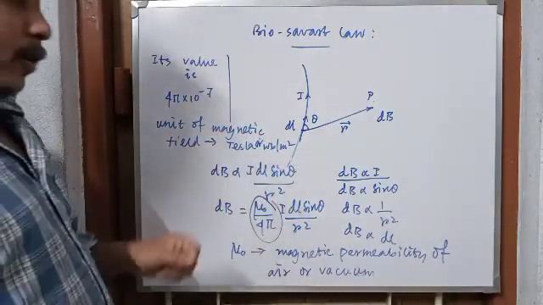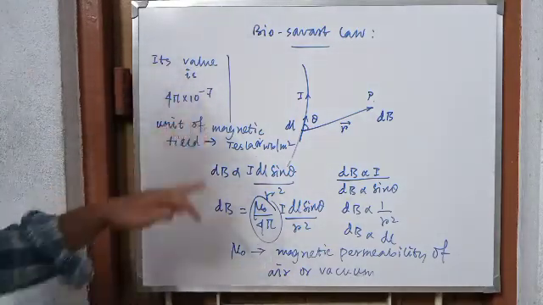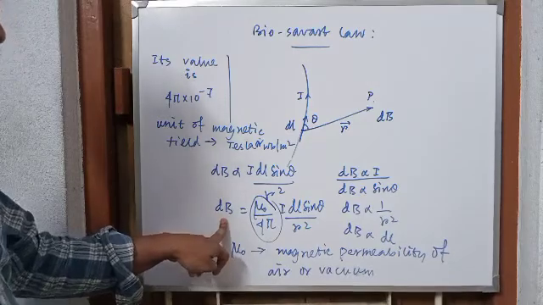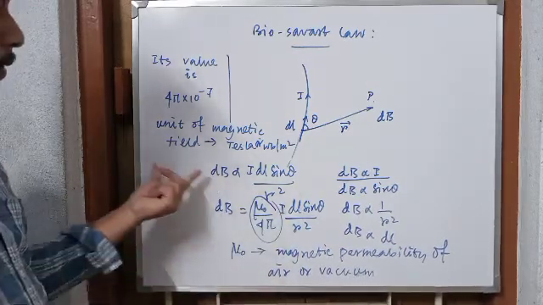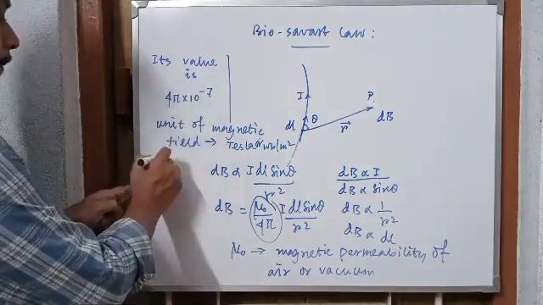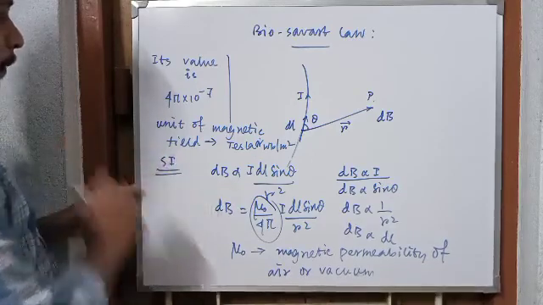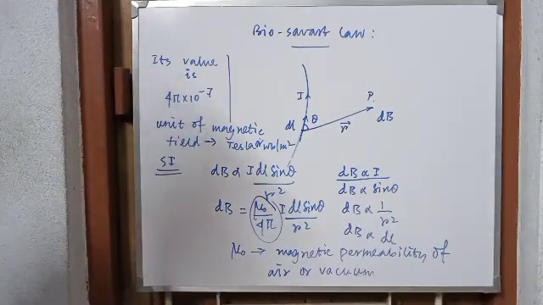This is a vector quantity. The direction will be found sometime later. But now the magnetic field magnitude is mu naught by 4 pi, I dl sine theta by r square. This is the SI form.